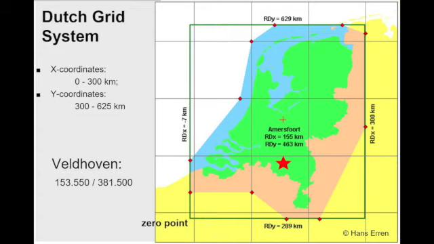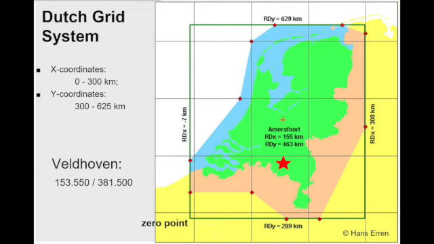In former times, the 0 point of the grid axis was formed by a church in Amersfoort, a central point in the Netherlands. Because of practical considerations, this changed to a 0 point outside the Netherlands, in this case northern France.